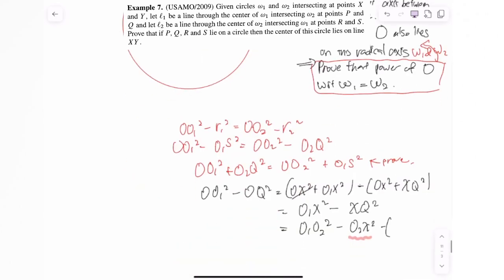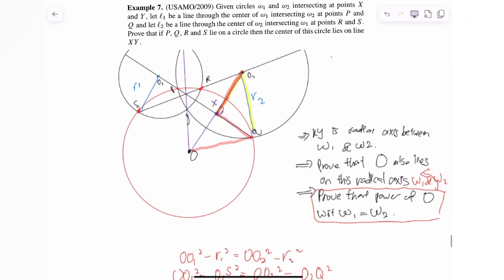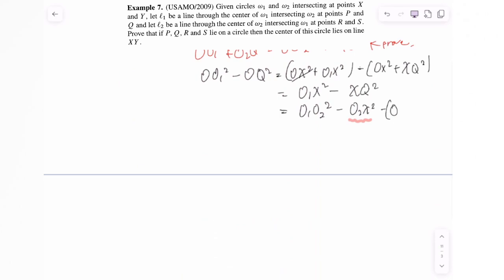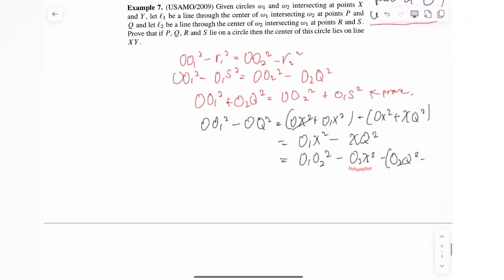We can write it from the perspective of this triangle here, O2x and Q. So xQ squared is O2Q squared, let's just use big Q from now on, minus O2x squared. So the x squared cancels out, and you get O1O2 squared minus O2Q squared.